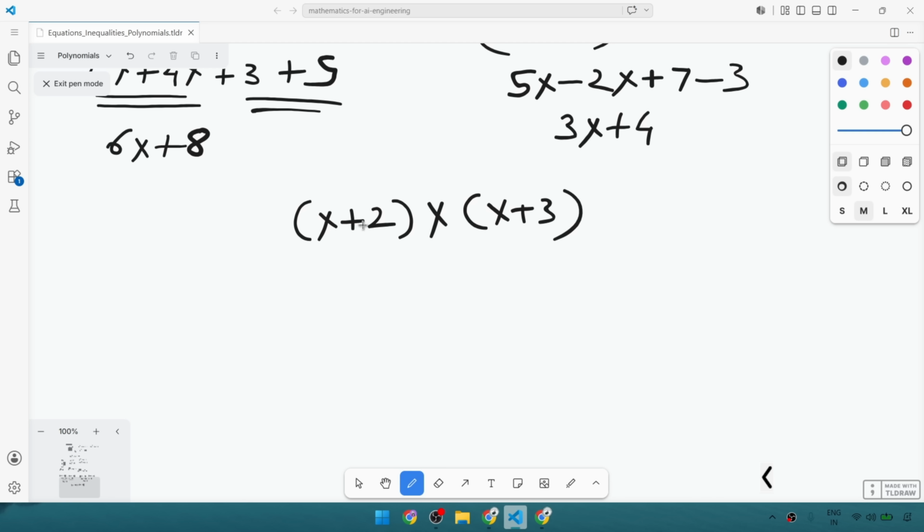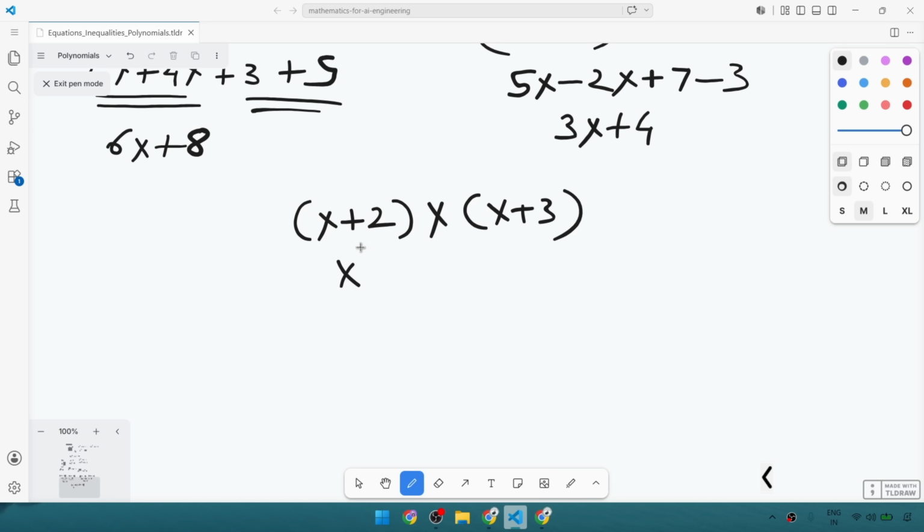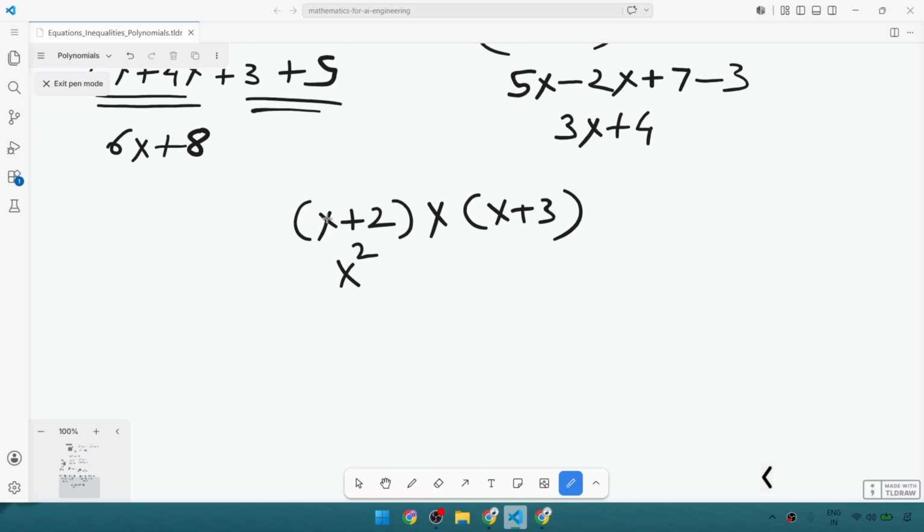And now how to do the multiplication? First take this particular term which is x. Now we are going to multiply this term with this polynomial algebraic expression. So if we multiply this x with this x, what are we going to get? x into x, which means x to the power 2. So here we can write x to the power 2. Now we can multiply this x with the second term of this expression.